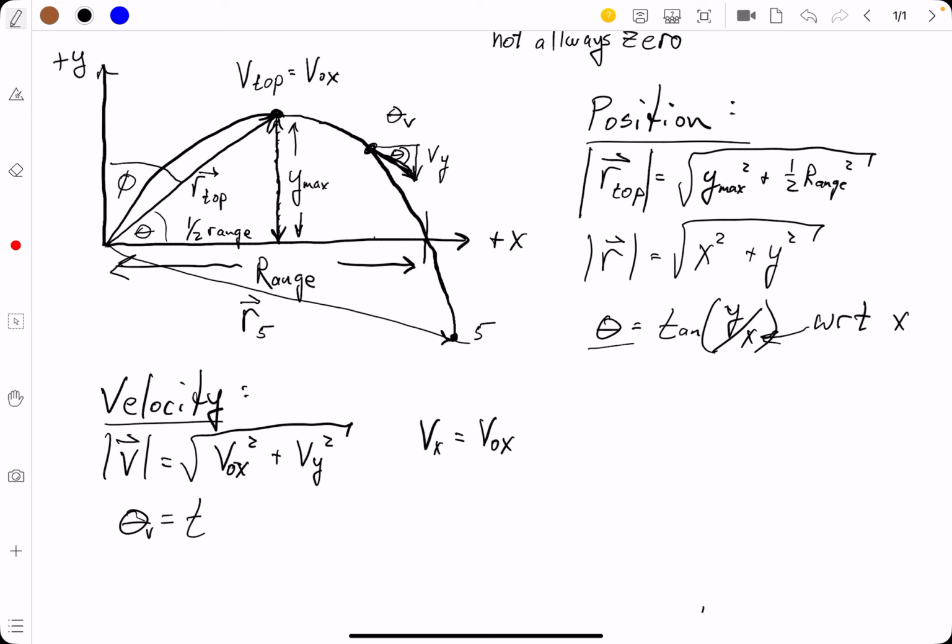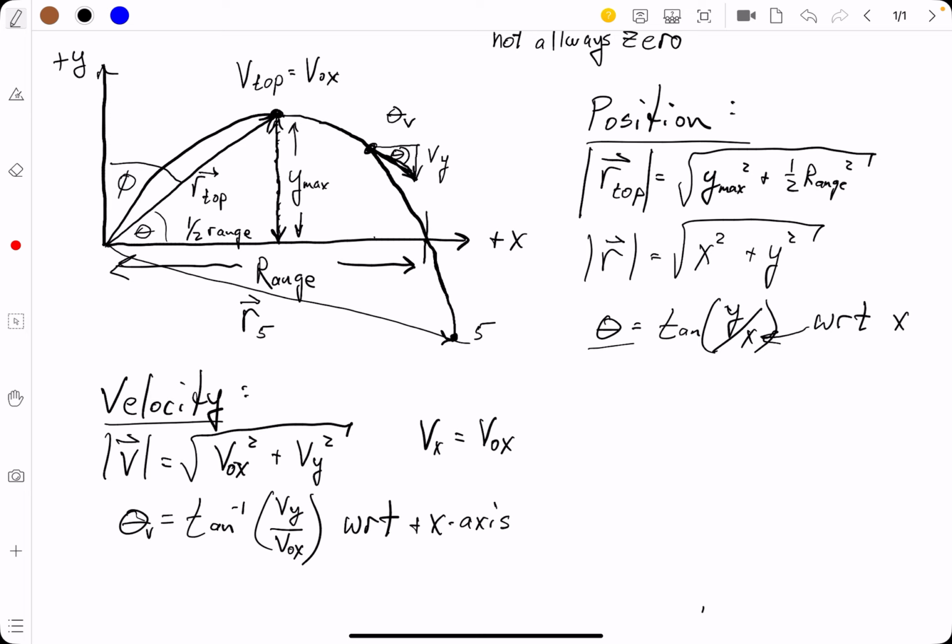So theta v, again, is the arctangent of Vy at that point over V naught x, because it never changes. And this will give us the angle with respect to the x-axis, and it's actually with respect to the positive x-axis. Okay. So, all right. We've got all kinds of things that we've been given.